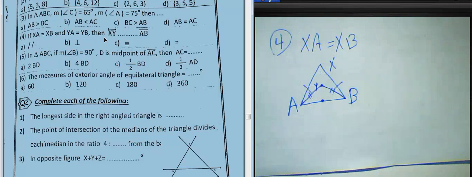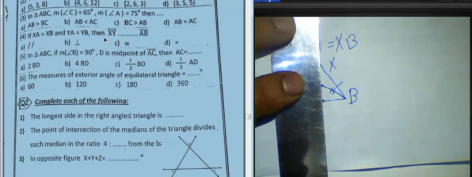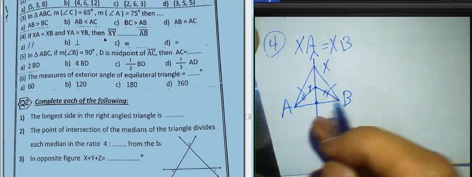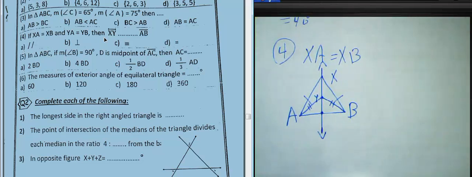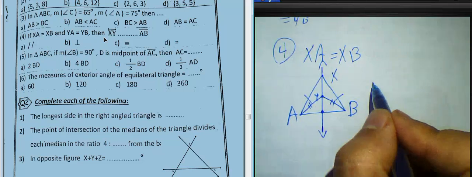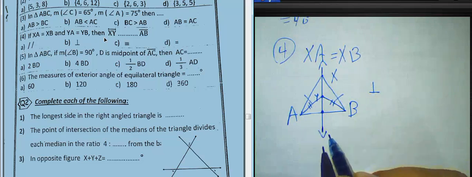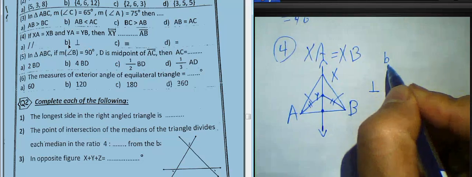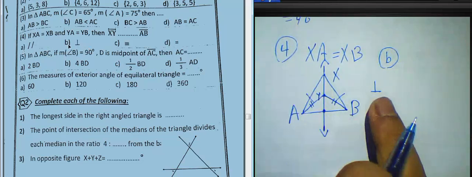Then if we draw a straight line passing through the points Y and X, it will be perpendicular to the base. So straight line YX will be perpendicular to AB. Okay, we must choose letter B for question 4.